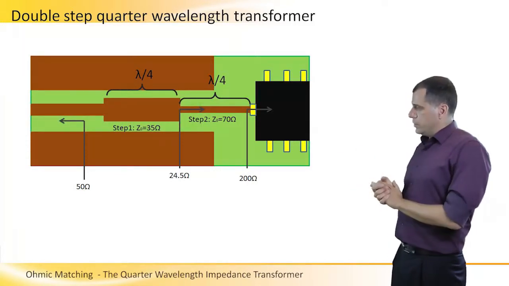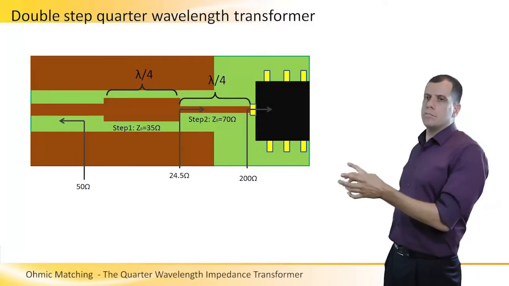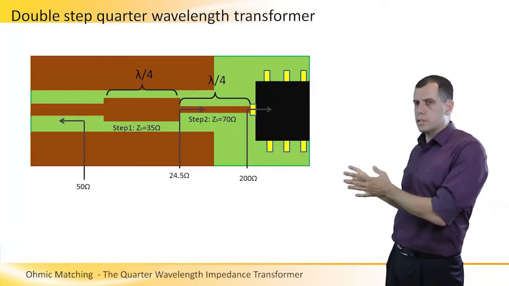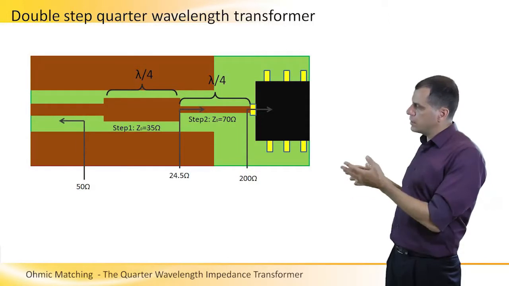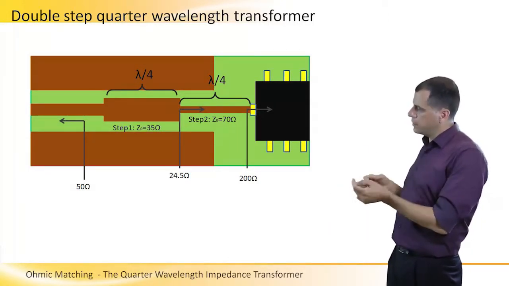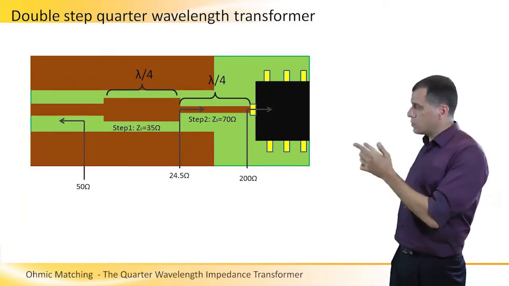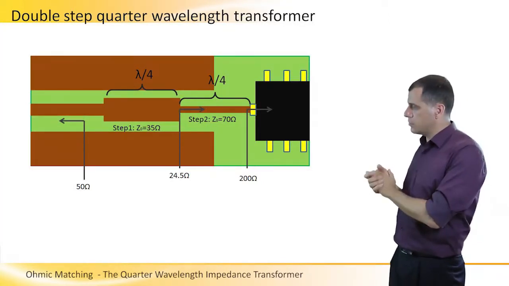So what do we do? First we start by connecting this 70 ohm line to our device, and we ask what impedance we will see from the input of this transmission line. This is a quarter wavelength transmission line.